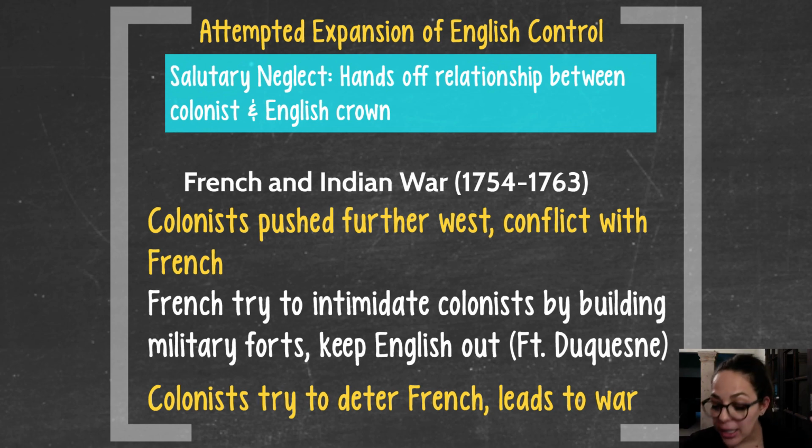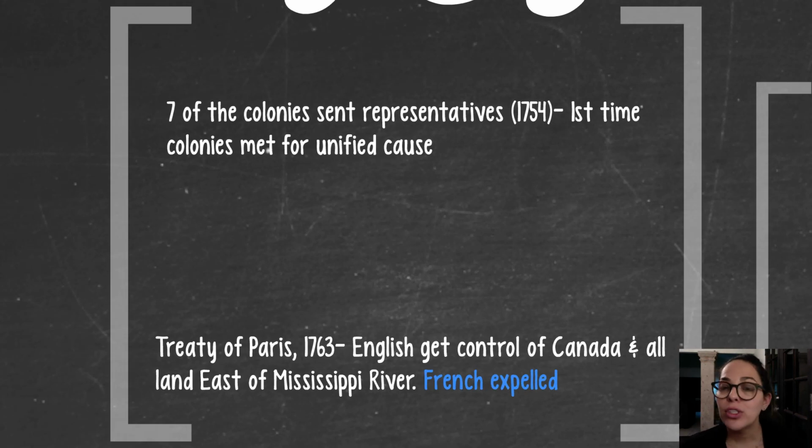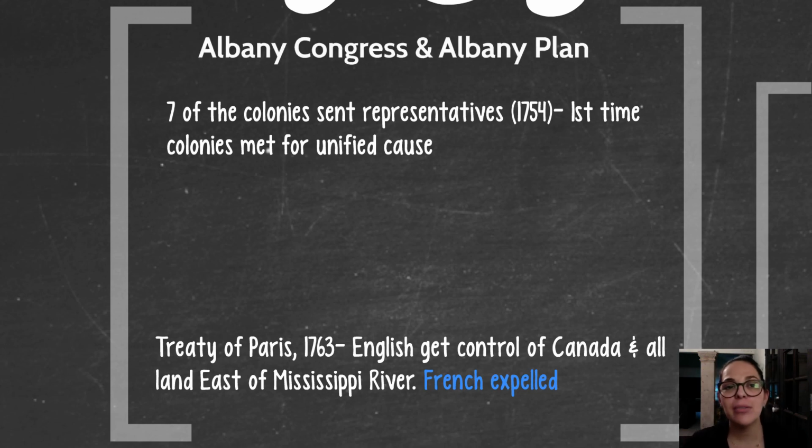And so this is how the French and Indian War gets started. And it's called the French and Indian War because the English colonists are fighting the French and their Indian allies, okay? So anyways, let's talk about some attempts at resolving this conflict.